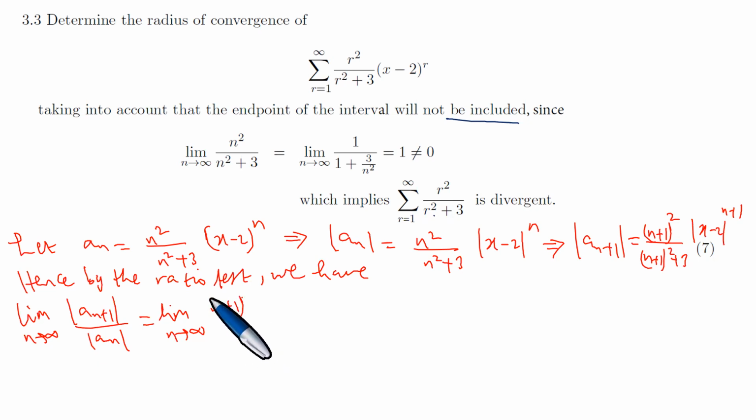So, which is that one, plus 3, times x minus 2.